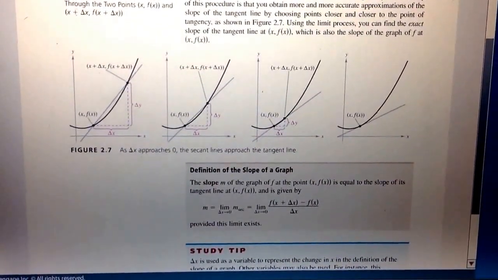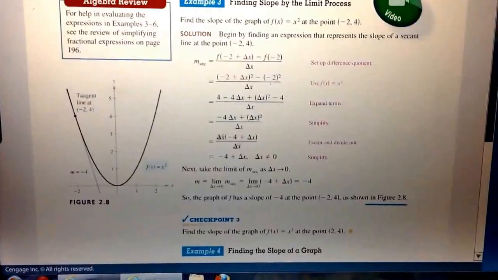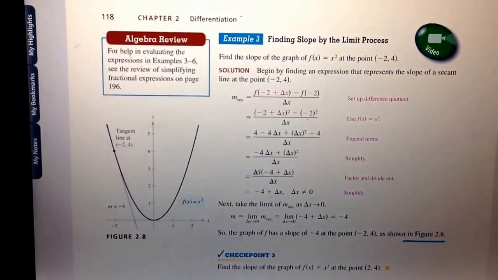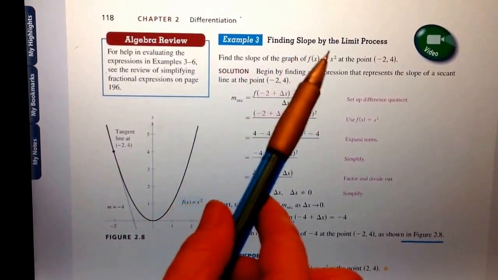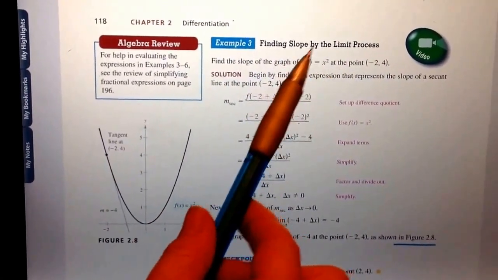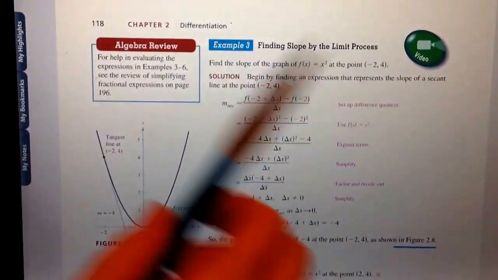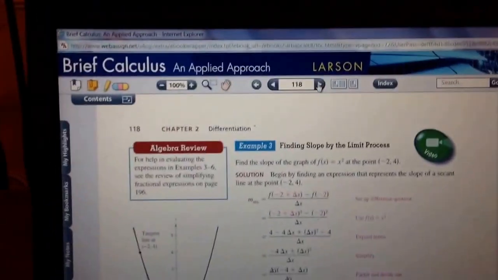So if we look at the next page, when they say to find the slope by the limit process or find the slope by the derivative, that's the definition they want you to use. So I'm going to do an example of what that would look like.